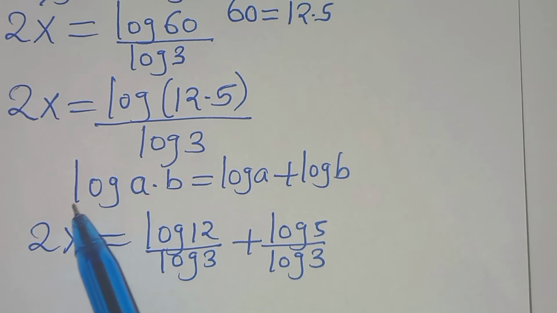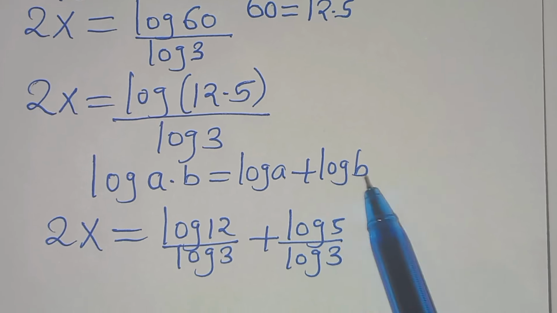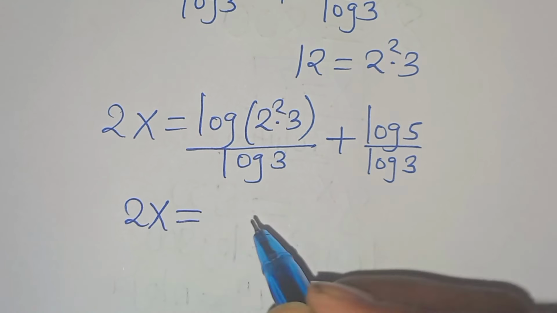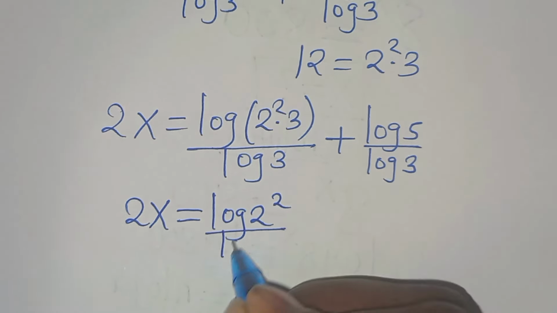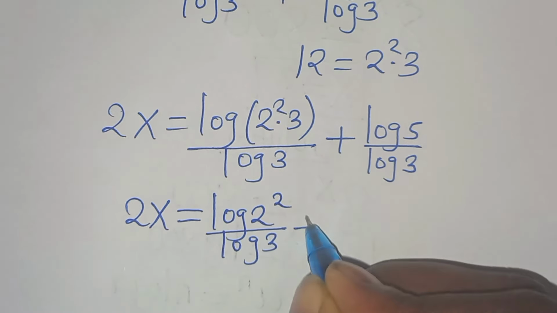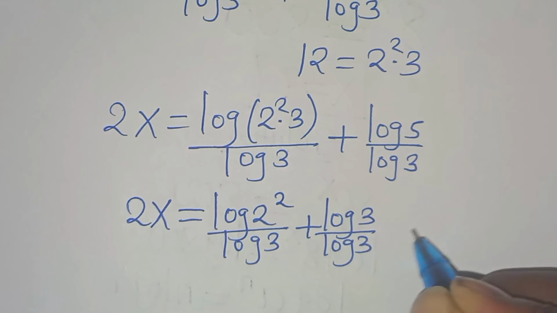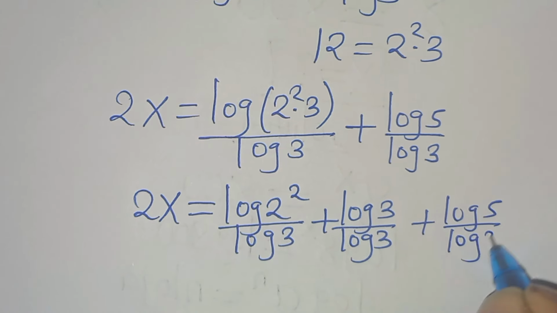This is in the form of log a times b, which you can express as log a plus log b. So this is 2x. This is equal to log 2 to the power of 2 divided by log 3. Then plus log 3 divided by log 3. Then plus log 5 divided by log 3.